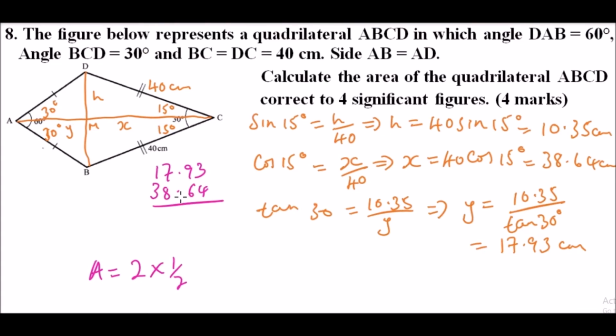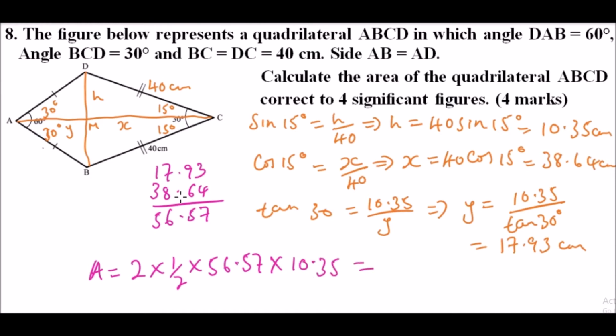You add the two, and you should get 56.57. So that will be our base, 56.57. You multiply by the height, which is 10.35.